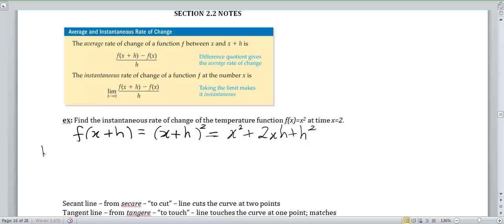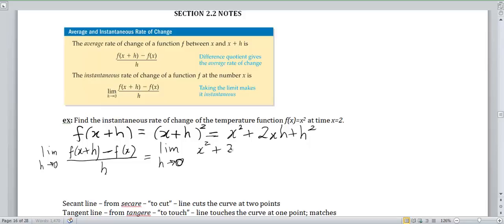So then the limit as h goes to 0 of f of x plus h minus f of x all over h is given by the following. Limit as h goes to 0. F of x plus h is what we wrote above, x squared plus 2xh plus h squared all over h.